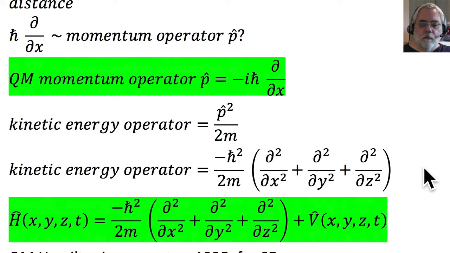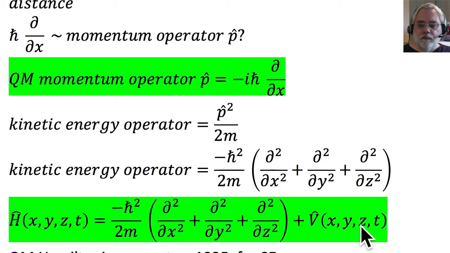So, the Hamiltonian operator is the sum of a kinetic energy operator, which is all this stuff that we just did, plus a potential energy operator, which will be a function of space and time. This will be different for every separate problem.